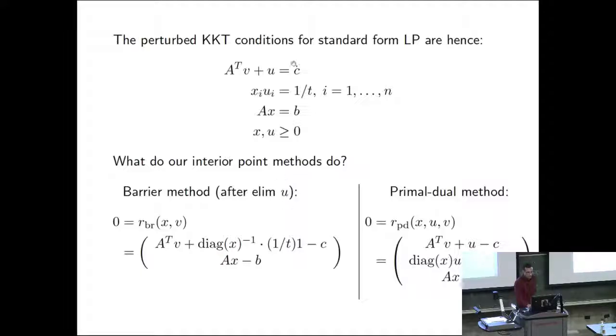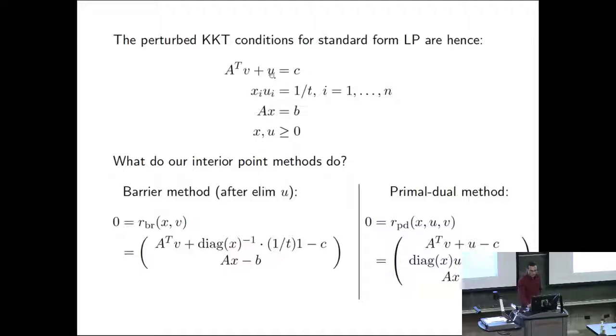They take this nonlinear system, because I have the product x_i u_i, and they solve it with Newton's method in different ways. The barrier method eliminates u, so it substitutes u_i equals 1 over t times x_i, and it tries to solve this nonlinear system. We're going to maintain these positivity constraints always through backtracking and initialization.